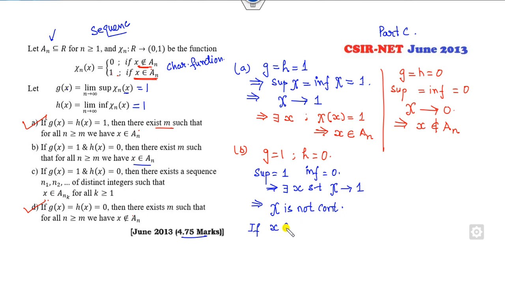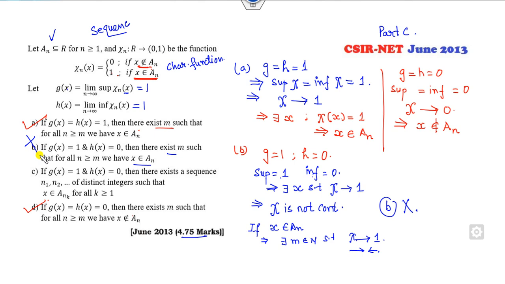If x belongs to A n, what does it mean? It means there exists some m such that xi will converge to 1. But he said supremum is 1 but infimum is 0. It means it is a contradiction. So the B option is cancelled out.